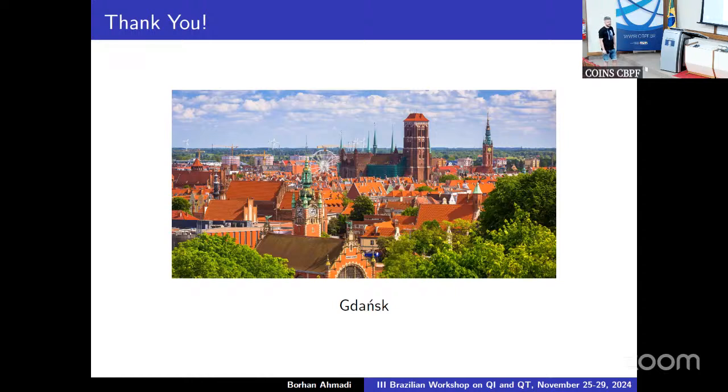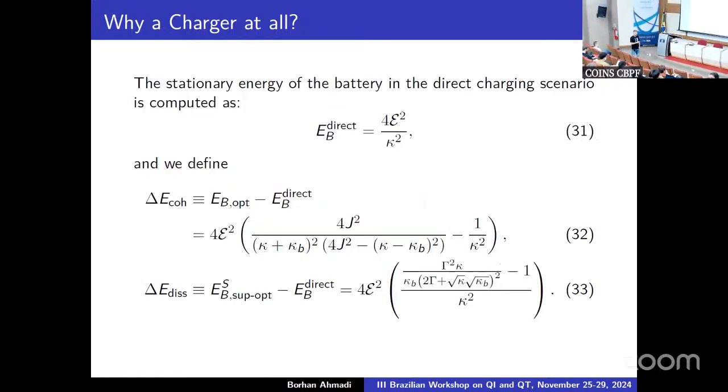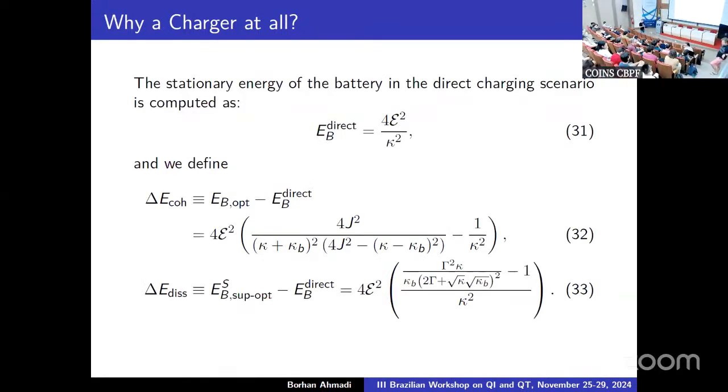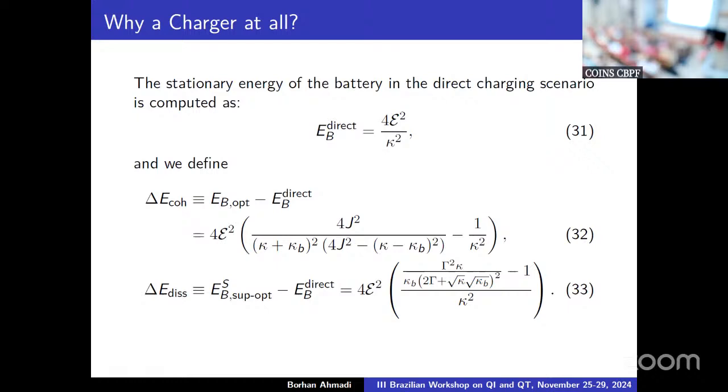Questions? Okay. Yeah, a bit in the direction of why a charger at all. I was also screaming the same question initially, but you partially answered, but still one point. I would understand more the idea of the charger if the two systems were in some way asymmetric, like a charger that is much bigger than the other, such that you say, okay, I have a charger that is big and not portable.